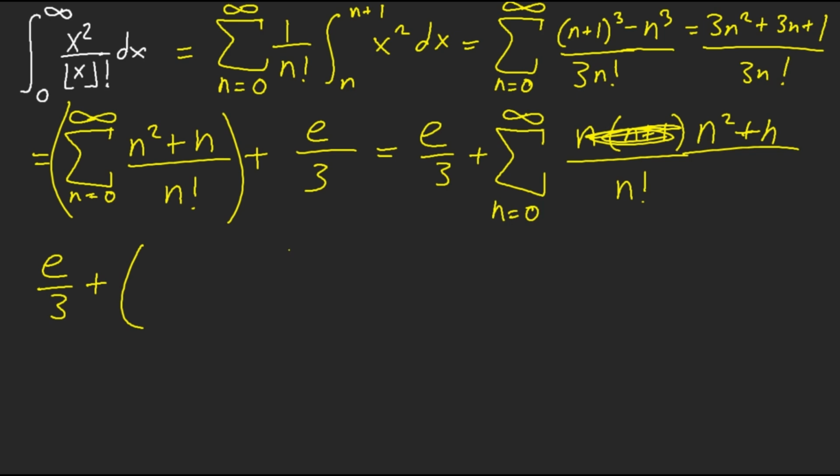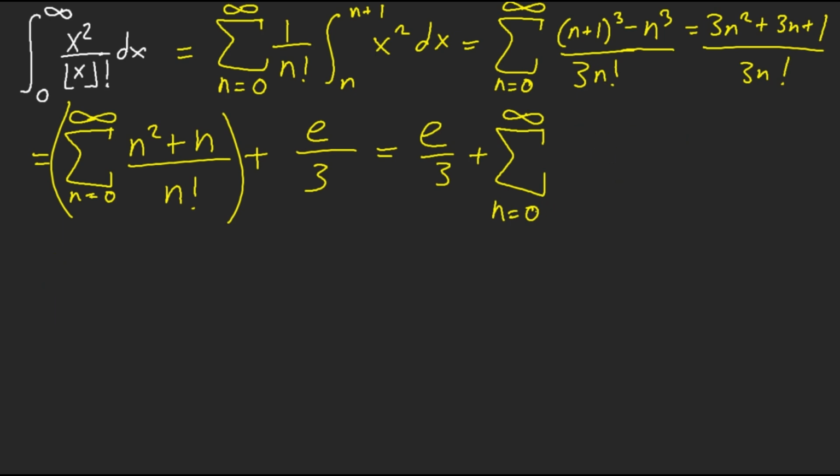I believe we found out what went wrong, right? We canceled out n, but if n equals 0, we can't just cancel it out like that. So be very careful. What that means is this n equals 0 is useless. So we just go back and change it into 1.